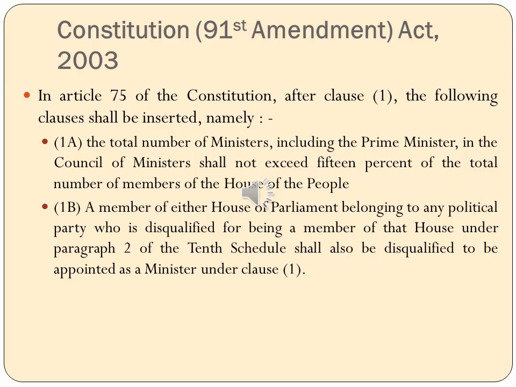The next is the Constitutional Amendment Act of 1991, that was passed in the year 2003. In Article 75 of the Constitution, after clause 1, the following clauses were inserted. That is, after clause 1 we had 1A: the total number of ministers including the Prime Minister in the Council of Ministers will not exceed 15% of the total number of members of the House of the People.